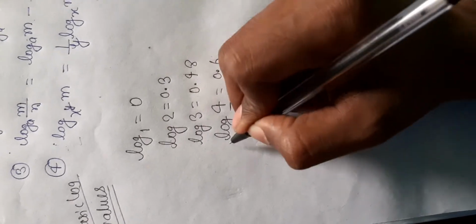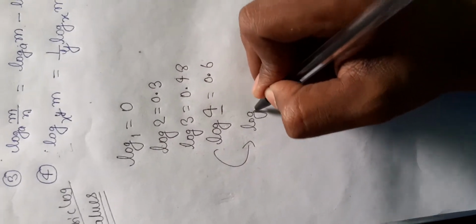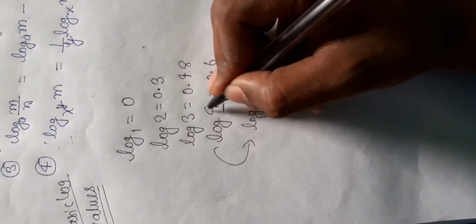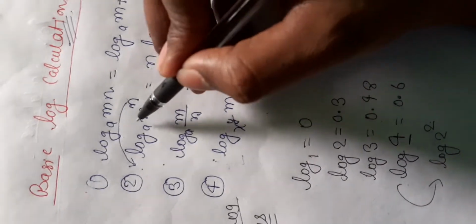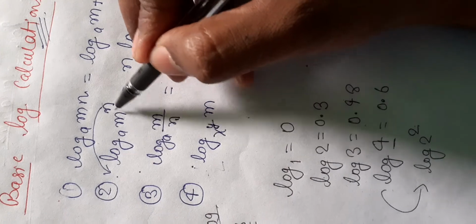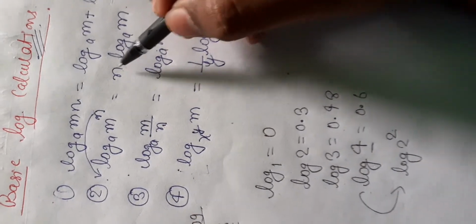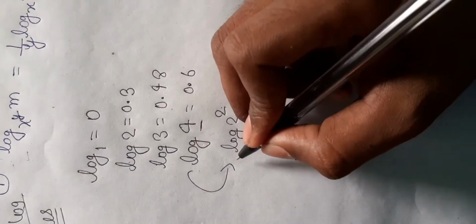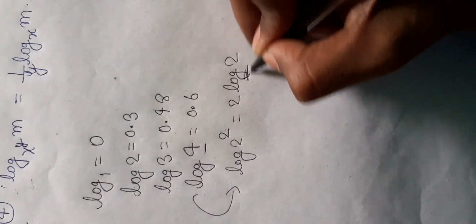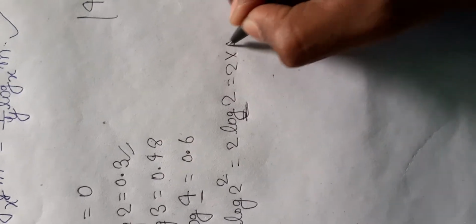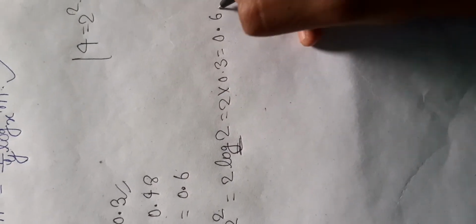Now see, log 4 we can write as log 2 raised to the power 2, since 4 is equal to 2 raised to the power 2. So by using this formula, the 2 comes before log, it will become 2 log 2, and for log 2 we have 0.3, so 2 into 0.3 is equal to 0.6.